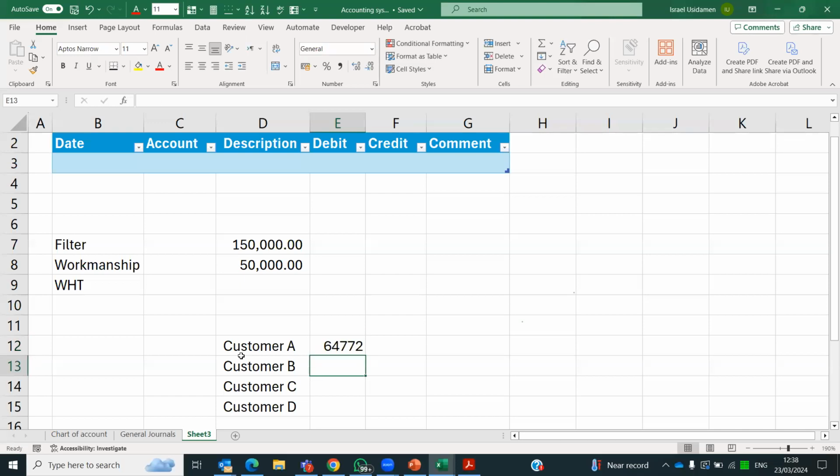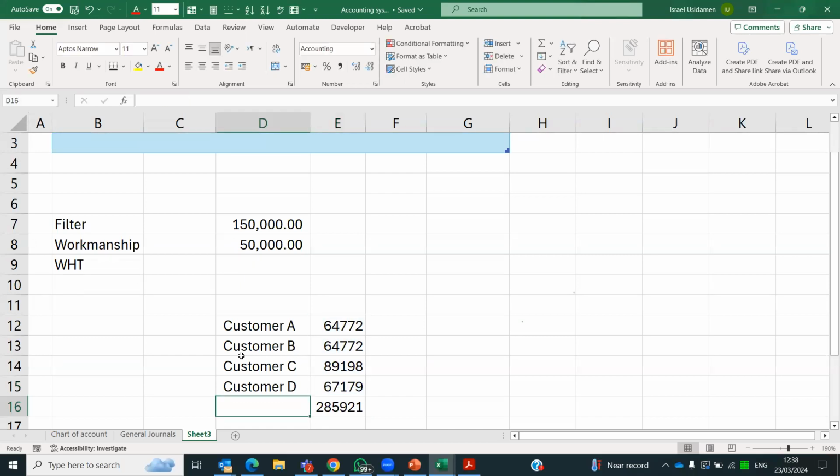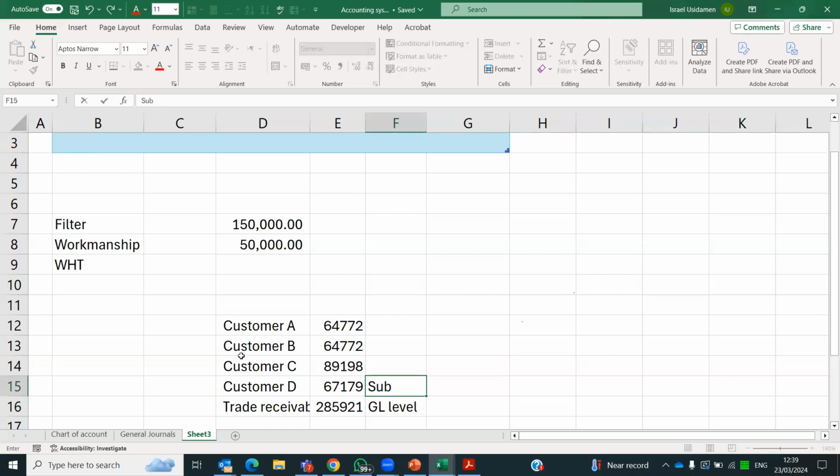But when you add all of this up, the total is now called trade receivable. So this one is GL level, and each of these are sub-ledgers.